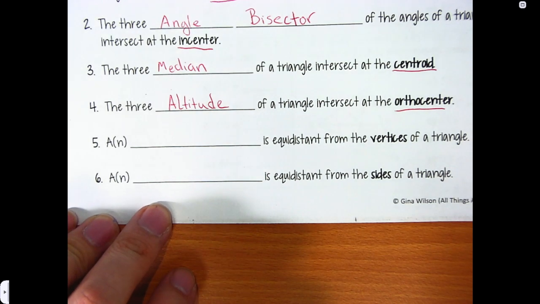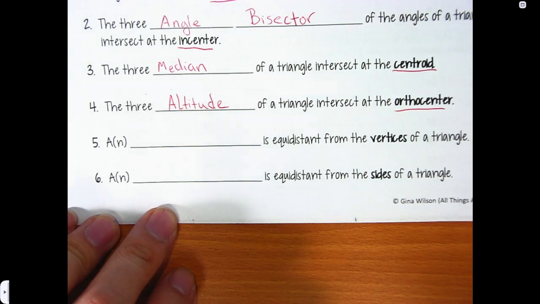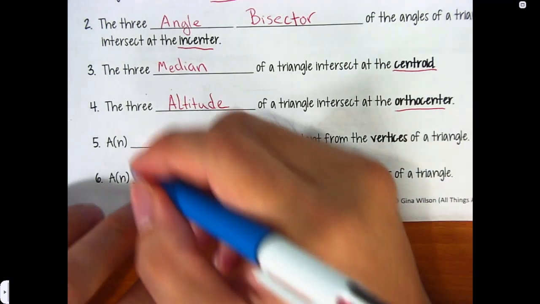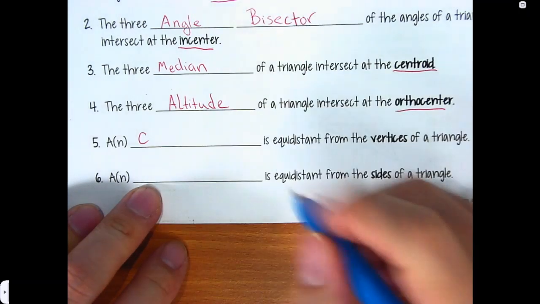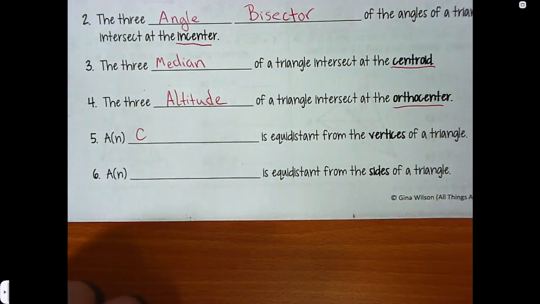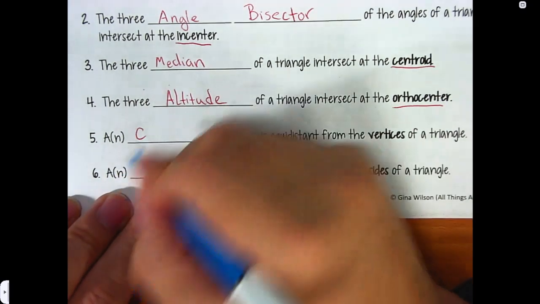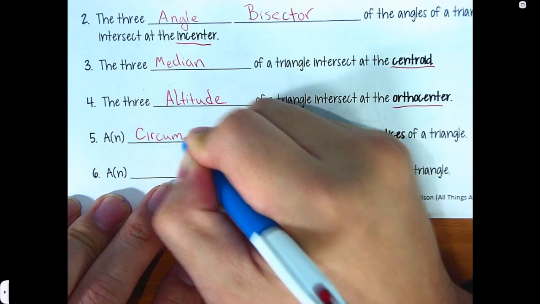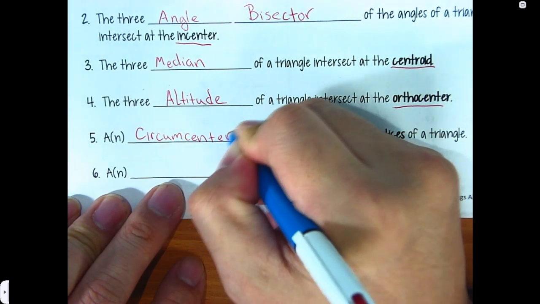Think about that. Okay. A blank is equal distance from the vertices of a triangle. Right, so this is a circumcenter. We talked about that with the perpendicular bisector. Since it came from the side, the length to the vertex will be the same. So circumcenter happens this way.